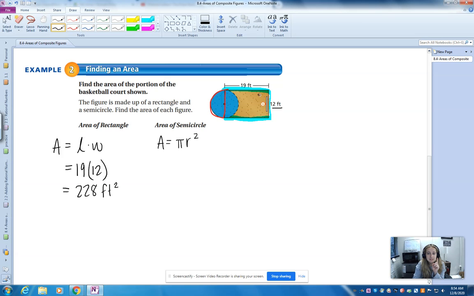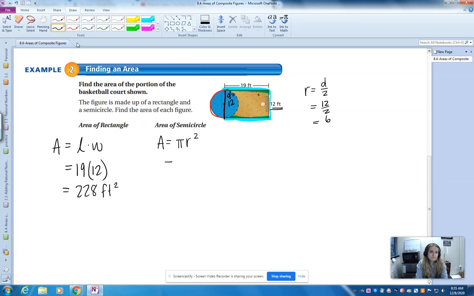If this width is 12, this width is also 12, which tells me that from one side of the circle to the other side is the diameter. So the diameter equals 12. Remember, if I want the radius, I need to cut the diameter in half. So 12 divided by 2 gives me 6 for my radius.